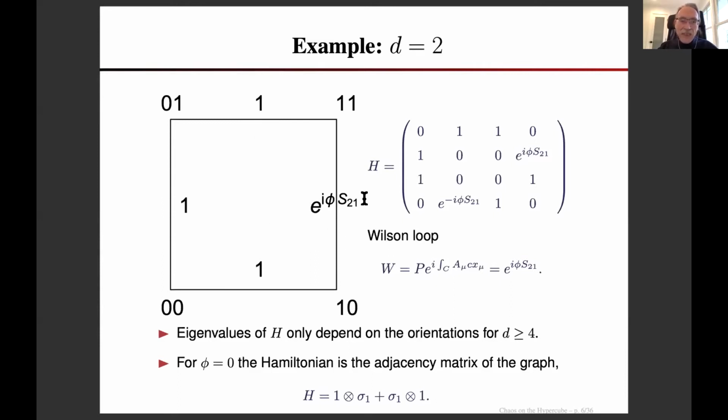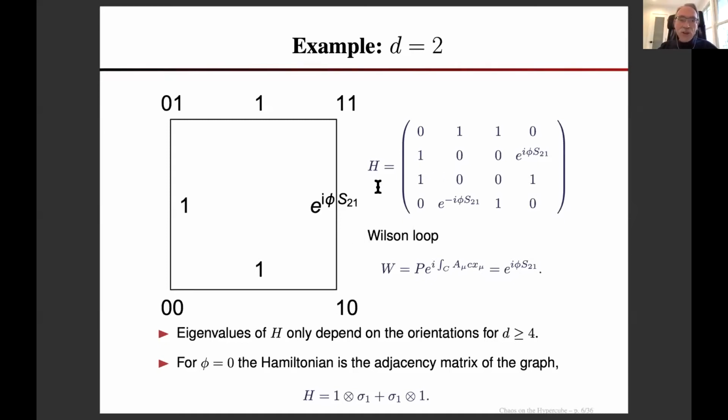In this case, the remaining phase is e to the power i phi, where phi is times S, the random orientation. So if we calculate the Wilson loop around this square, it is given by e to the power i S phi. The model is characterized by the fluxes of the Wilson loops. You can all ask questions during the lecture.